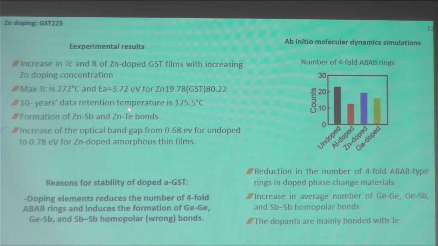It's confirmed by the XPS, but they also found some zinc antimony bonds. And all this structural data also explains why this amorphous phase is stable. One is the reduction of these fourfold AB rings, and the other is the formation of homopolar wrong bonds in this material.